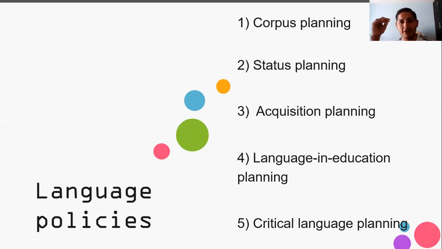And finally, critical language planning that involves questioning the social causes and ramifications of language plans and policies and their implementations in line with the critical applied linguistics. Language planning from a critical perspective means asking for reasons, asking why, and in whose interest decisions about languages are made. So we have these different kinds of planning.